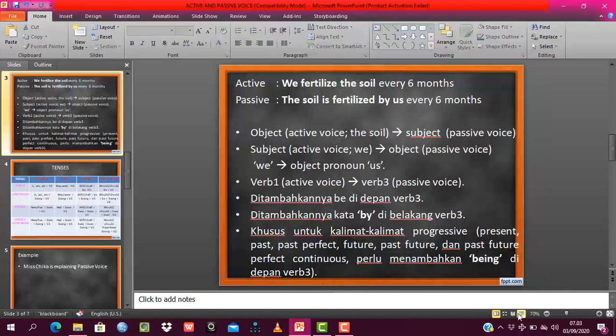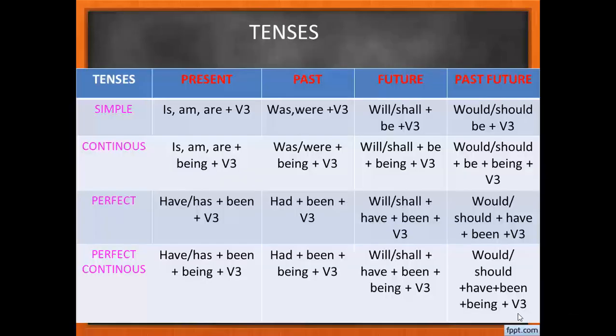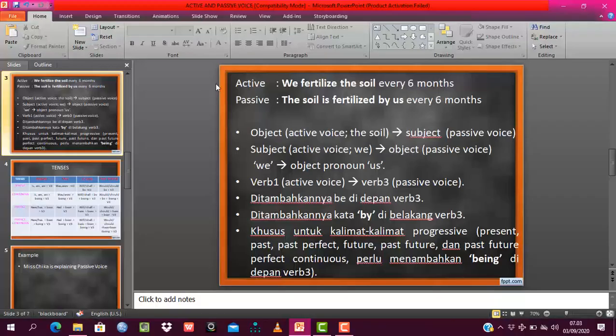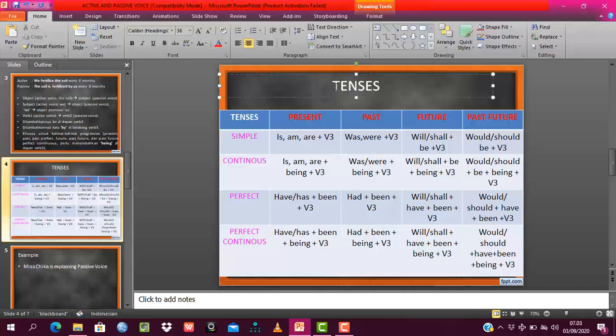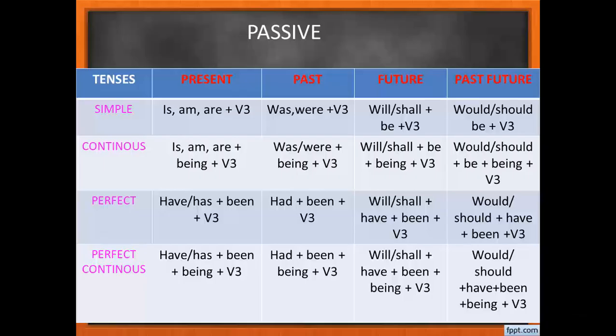Let's see. I make the rules into a table here so you can know and understand about this one. If we talk about the simple present tense, this one is the passive rule from the active tenses.